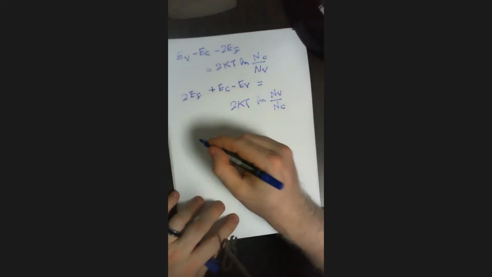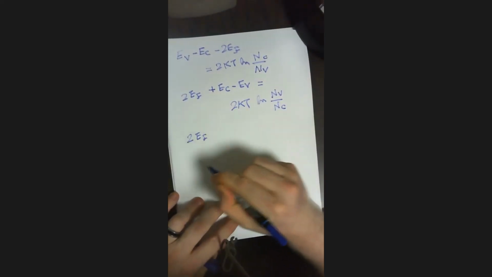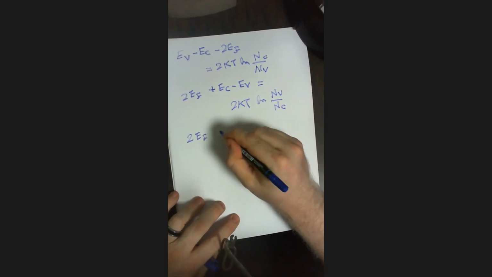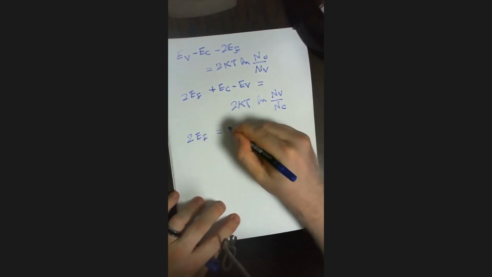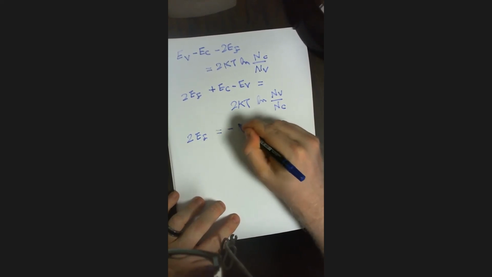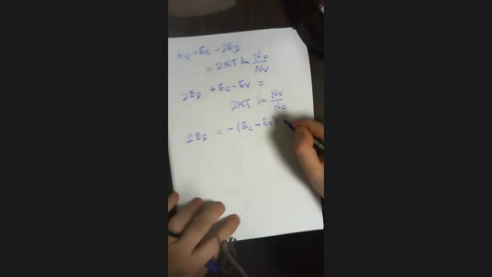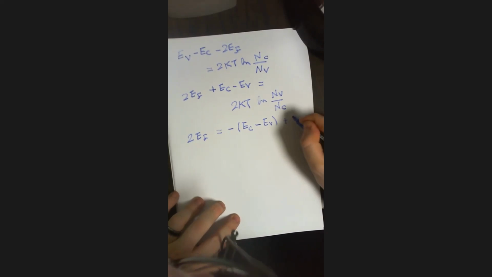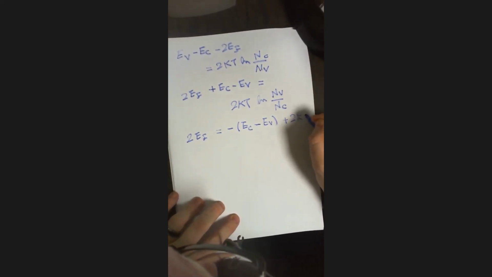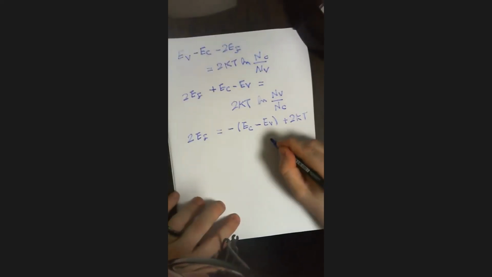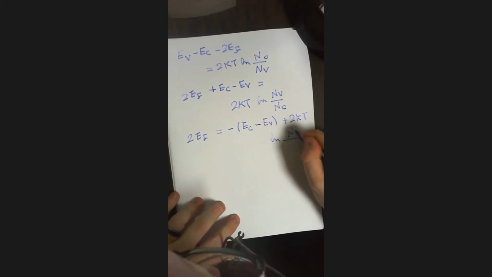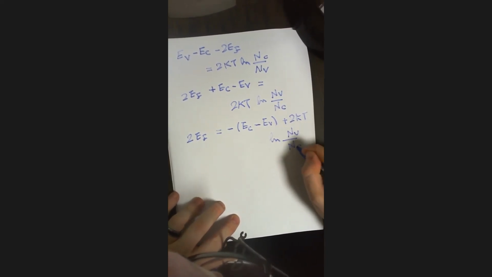Okay, then 2EF equals minus EC minus EV plus KT ln of NV over NC.